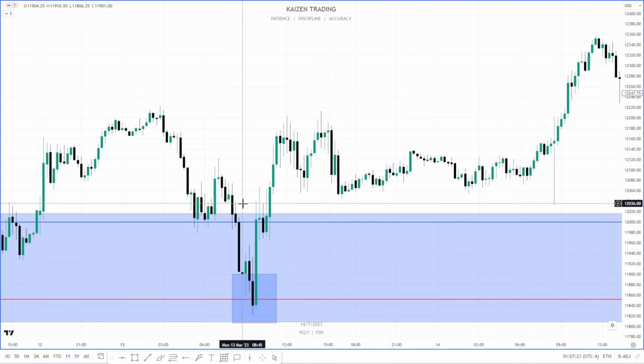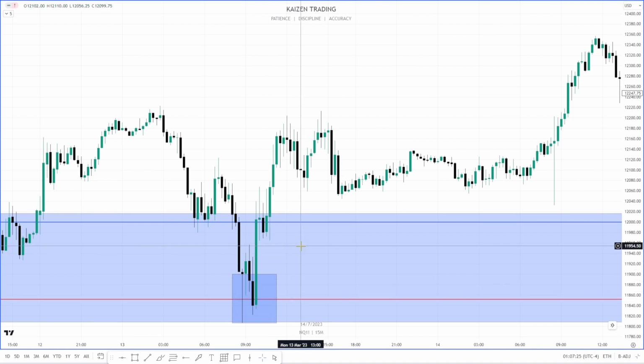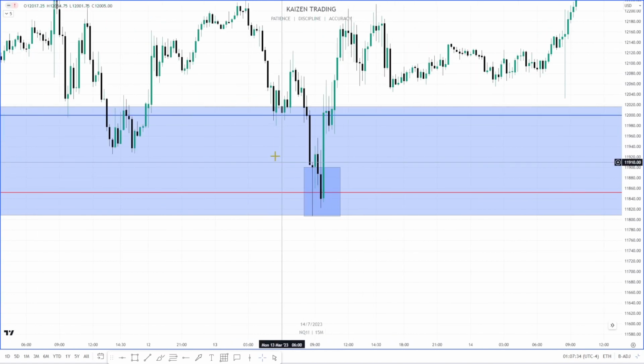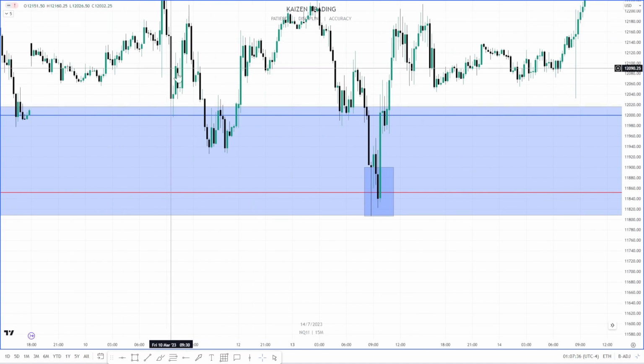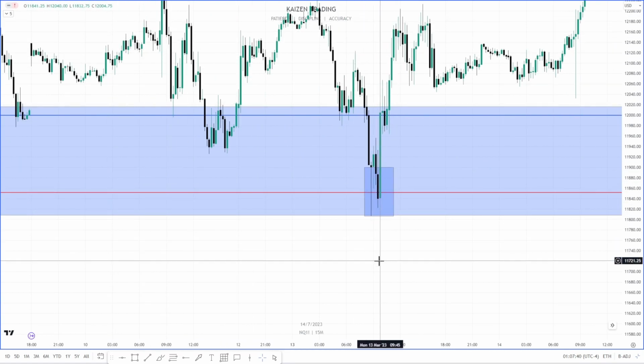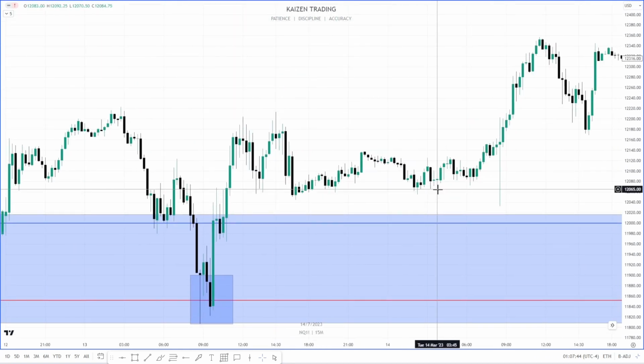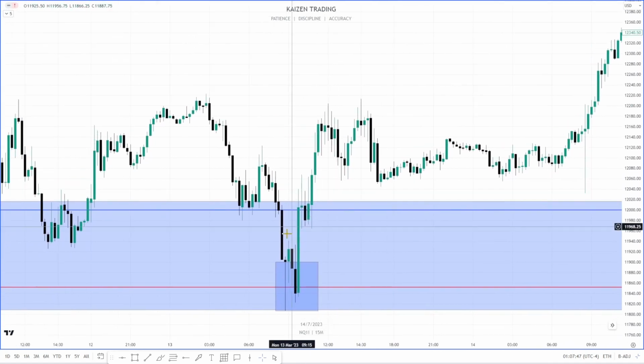Okay, so that's Monday, and so now we've dug into discount, into the weekly order block. Price is coming out. We're not expecting it to return to here. We already had price return up and take liquidity, then come back down into discount. This is the second time it's come deep into discount, into a weekly order block. So we're looking for bullish setups.